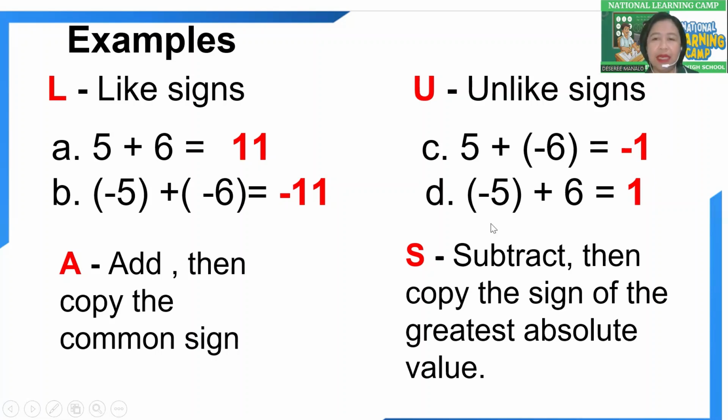For letter D, negative 5 plus positive 6. Subtract again, 6 minus 5 is 1. Look for the sign of the greatest absolute value. Positive 6 has the greatest absolute value and it is positive, so the sign of the answer is positive 1.